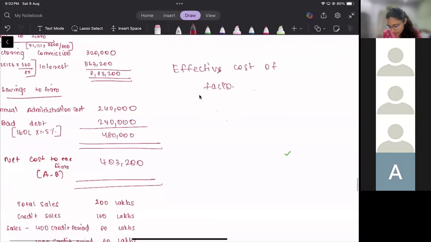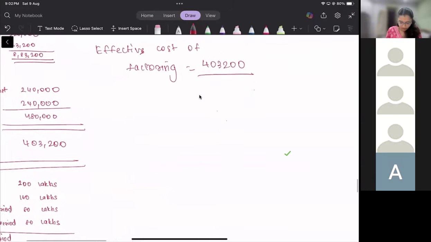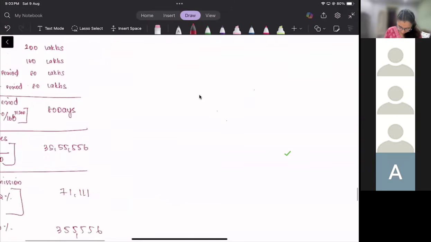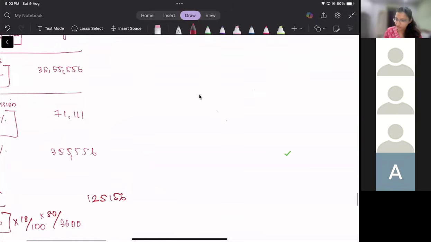Now, what is the effective cost of factoring? This is the cost I will have to incur if I am giving for factoring, divided by the amount that I will be receiving. You have to subtract all these things to get the amount that is received. Please compute that amount and tell me.